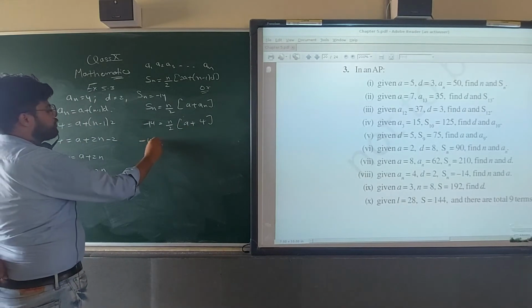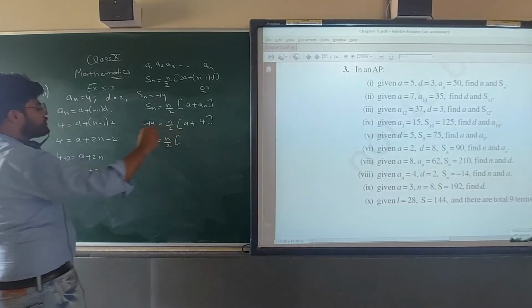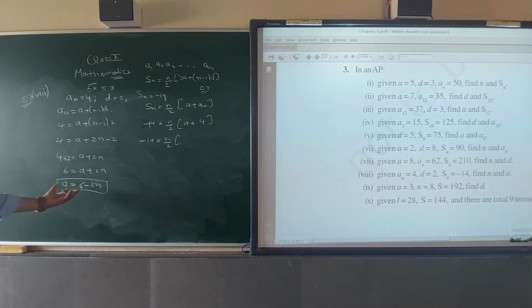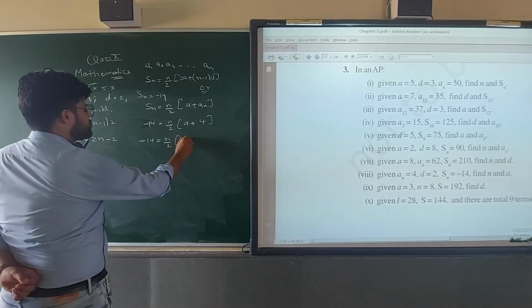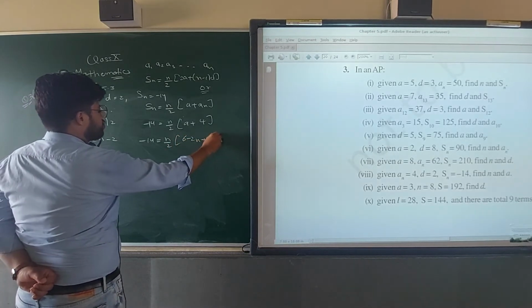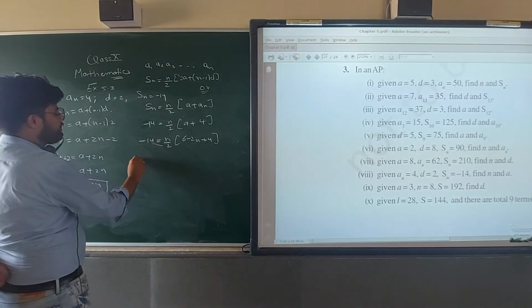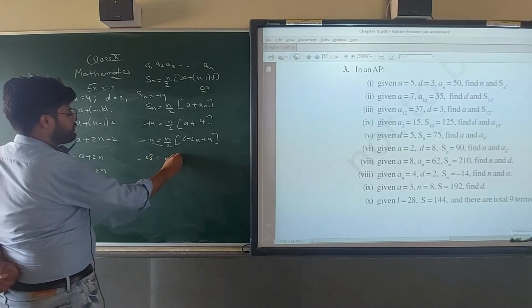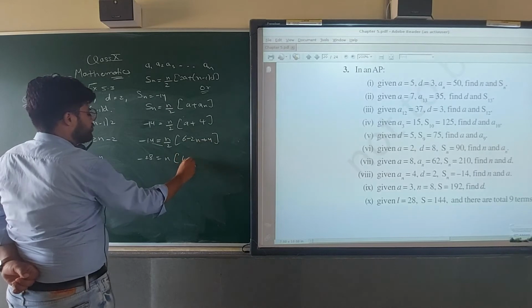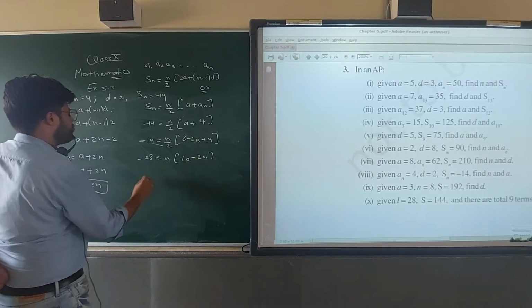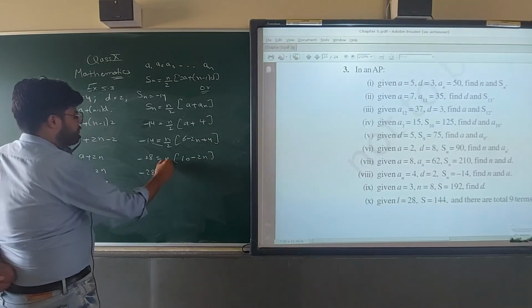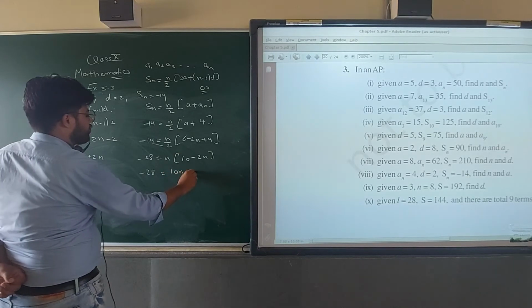Minus 14, n by 2. Now a result we already found: a value is 6 minus 2n. That I will put here: 6 minus 2n plus 4. It will be multiplied here. 14 2s are minus 28 into n. Now 6 plus 4, 10, minus 2n, minus 28, multiplied inside, 10n minus 2n square.